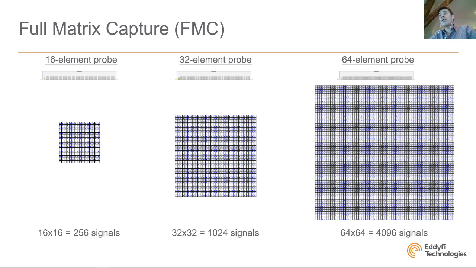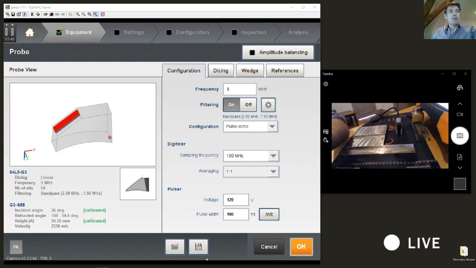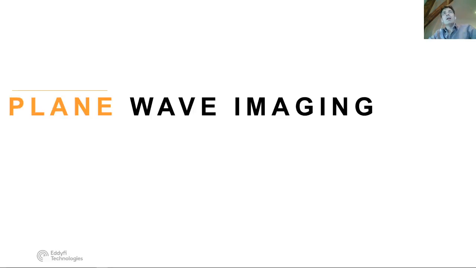There is another way of minimizing the amount of data. Instead of using FMC, full matrix capture, you can use a data acquisition that will fire less than 64 times. We have something called plane wave imaging. I won't go too much into detail today. We are planning to do a coffee break later about it.